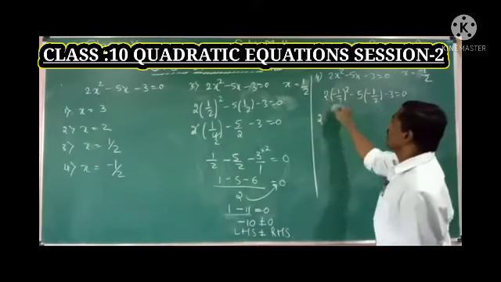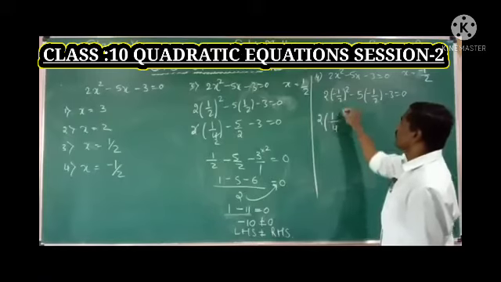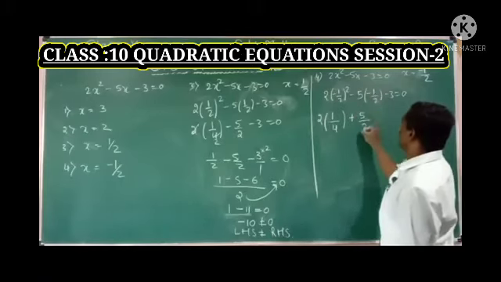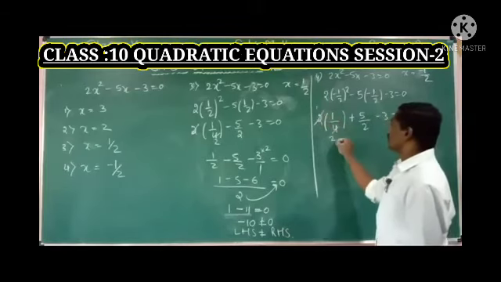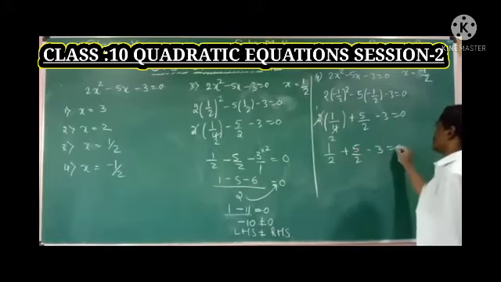So 2 write as it is. Minus 1 square is 1, 2 square is 4. Minus into minus is plus, 5 ones are 5 divided by 2 minus 3 which is equal to 0. 2 ones are 2, 2 twos are 1 by 2 plus 5 by 2 minus 3 which is equal to 0.